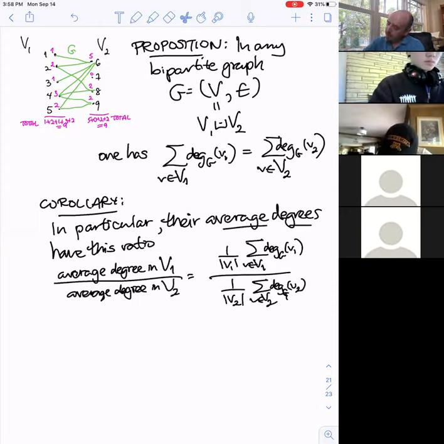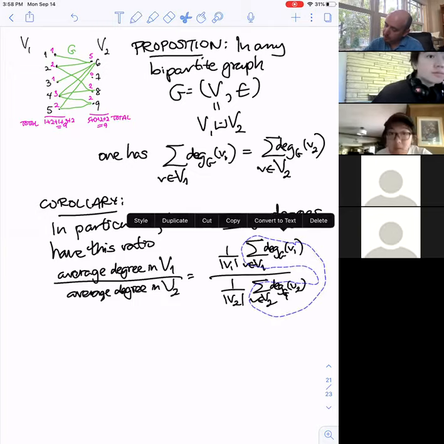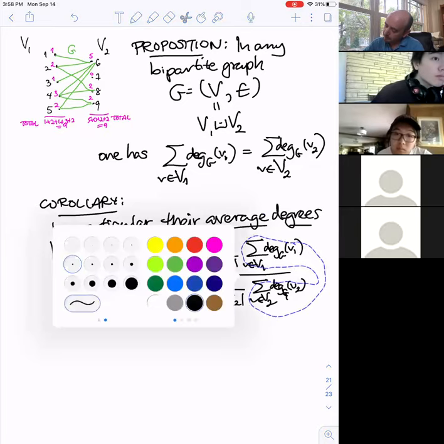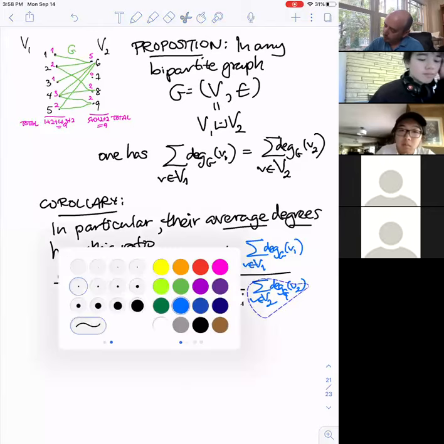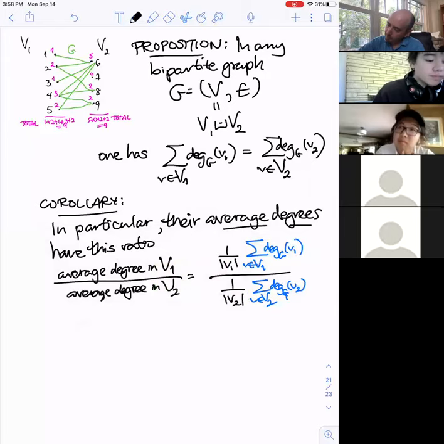And here's the point: these two things, let me circle them both, are the same. That was what the proposition says. The blue things are the same number.